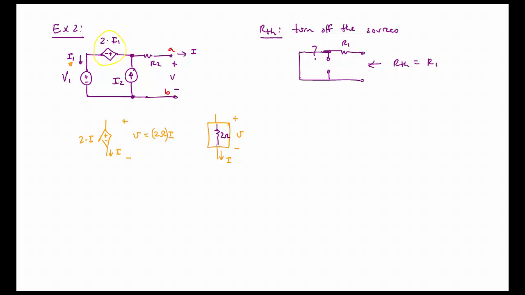So we see that a voltage source that depends on the current flowing through itself, or you can show that a current source dependent on the voltage across it, is nothing more than a resistor. It's just a sneaky way to describe a resistor.